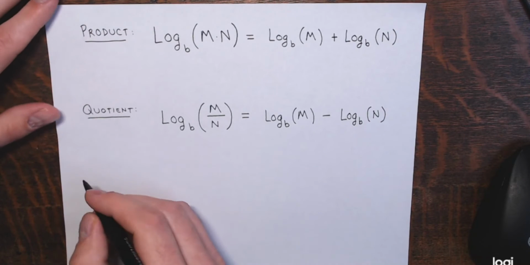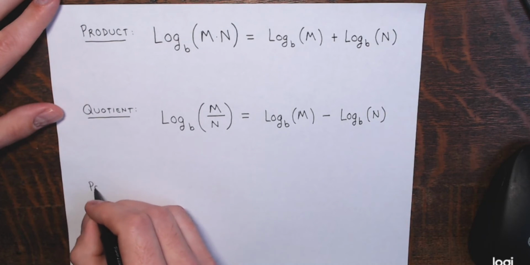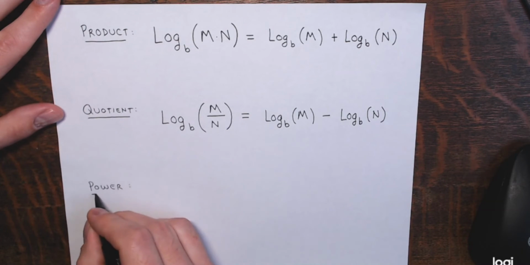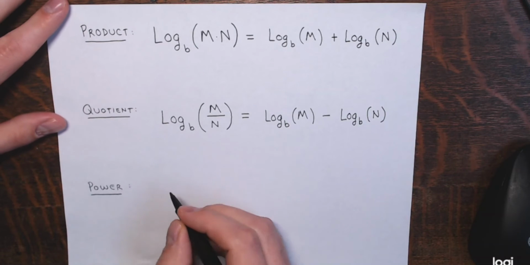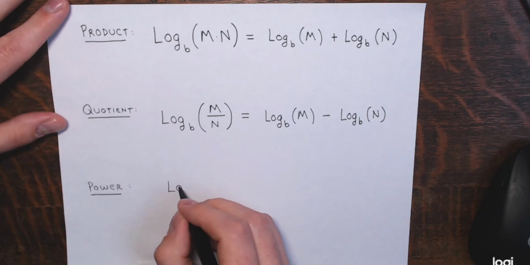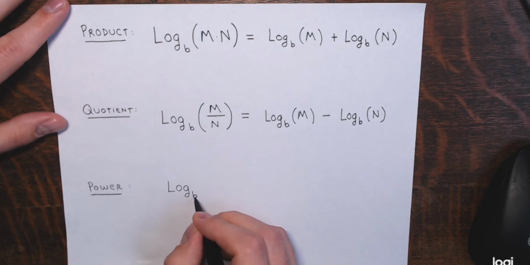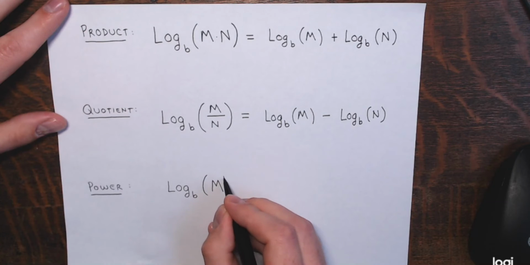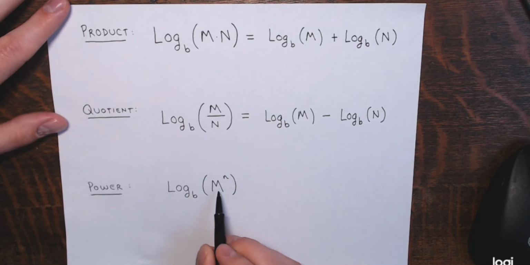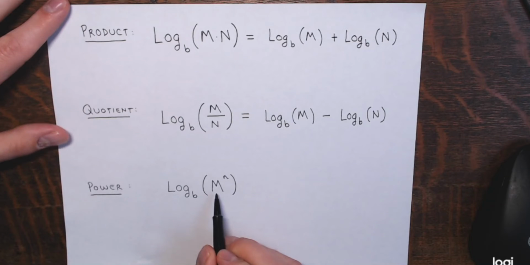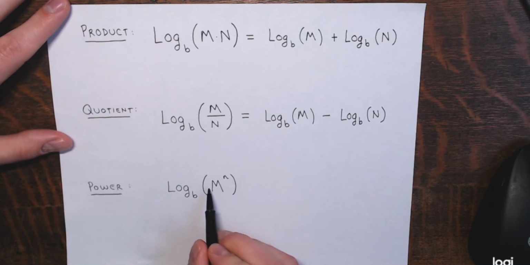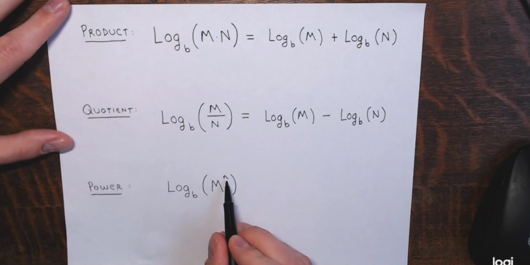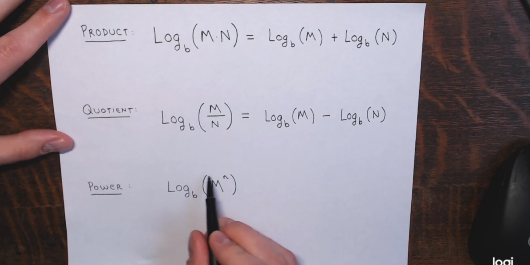Finally, the other rule we're going to make extensive use of in this video, the power rule for logarithms. If you have the logarithm, with any base, of a power, say m to the nth power, the tricky part is that the entire input needs to be raised to a single power in order to apply this power rule.